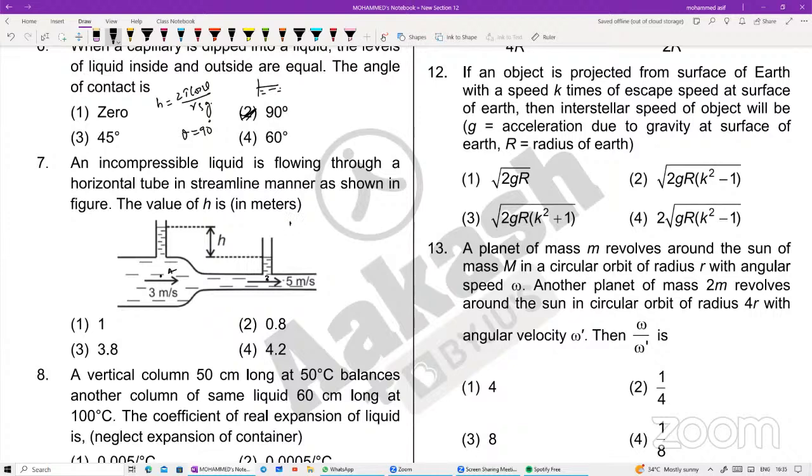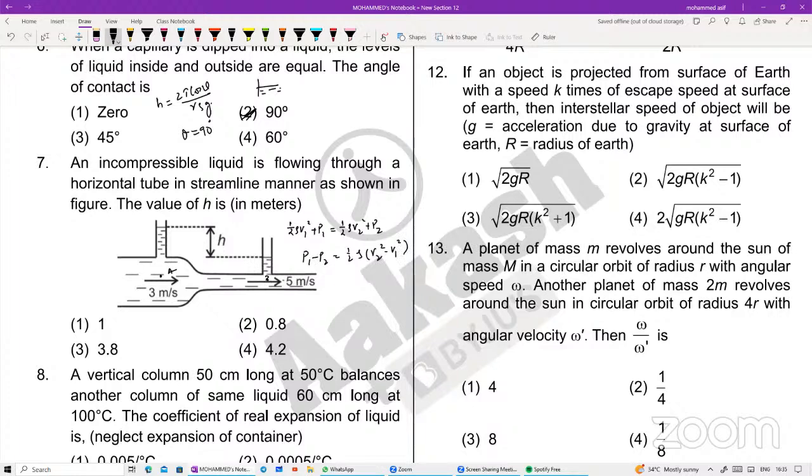So that will be equal to half rho into V1 square plus pressure P1 will be equal to, horizontally same है तो, half rho into V2 square plus pressure P2. And the pressure difference P1 minus P2 will be equal to half rho into V2 square minus V1 square.